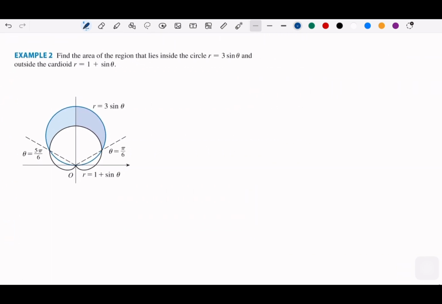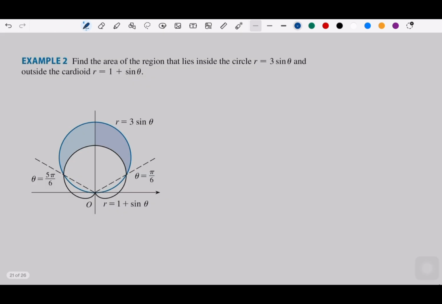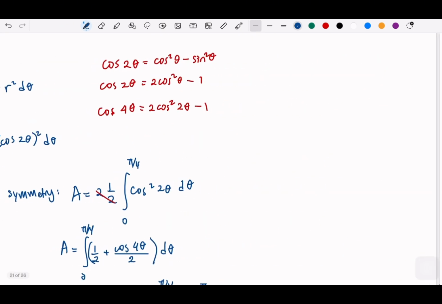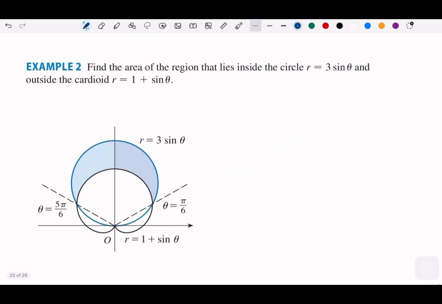Okay, now this is another example, or a typical question that may work in an exam.